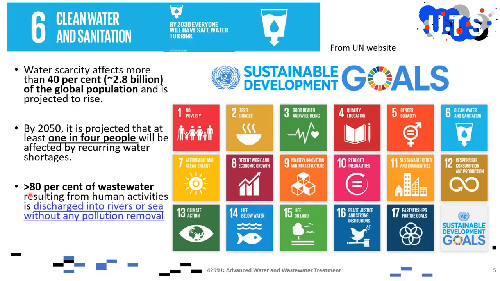And more than 80% of wastewater at the current time, resulting from anthropogenic or human activities, is actually discharged into rivers or the sea without any pollution removal. This is very rampant, especially in underdeveloped and developing countries.